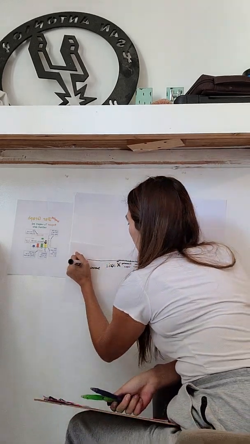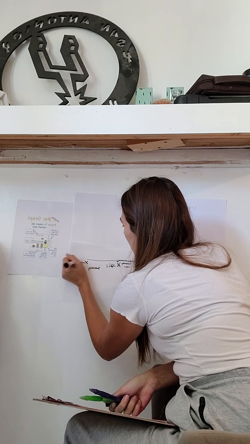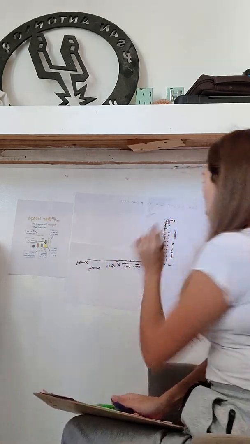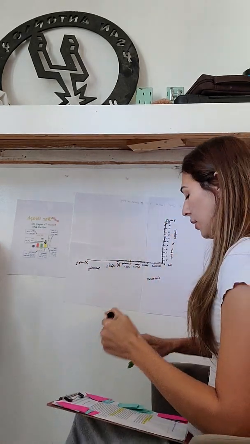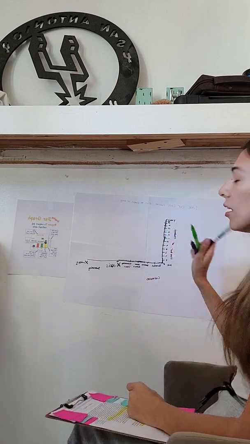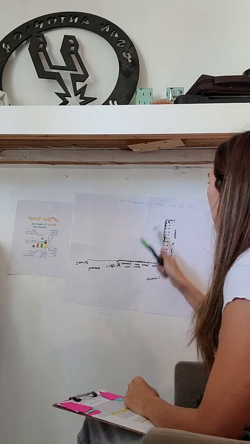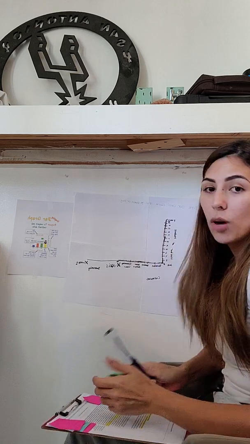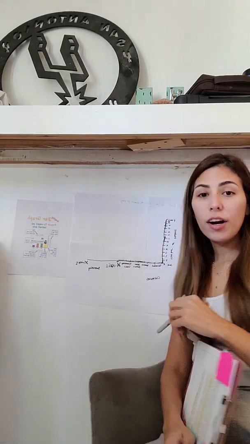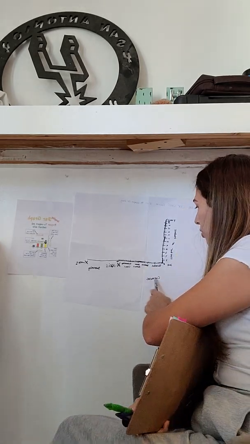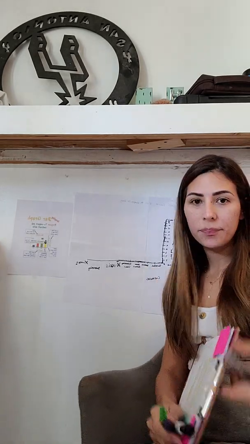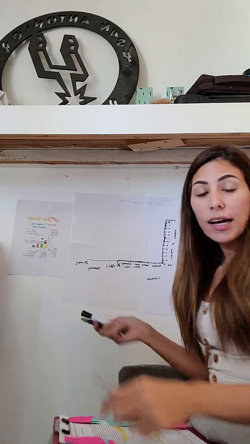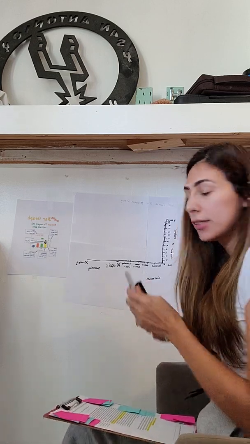So this is our x-axis, and this is our y-axis, our title. Since our graph today is about our class's favorite sport to watch or play, for our category, what do you think it would be? Right, our category would be different sports.